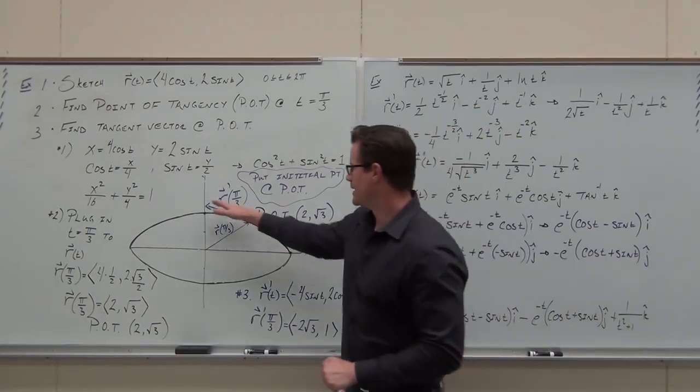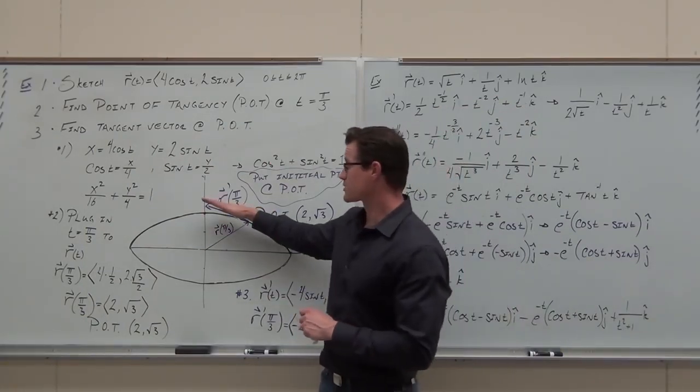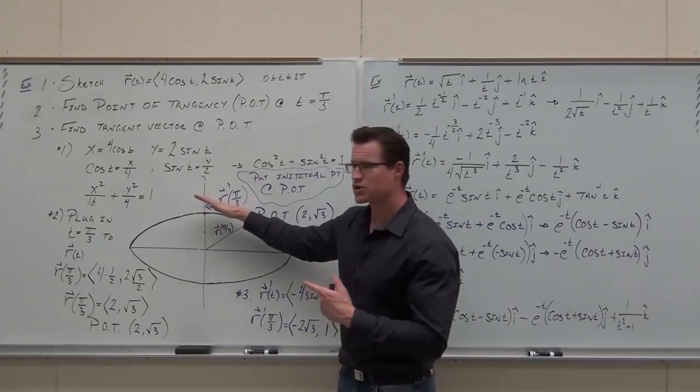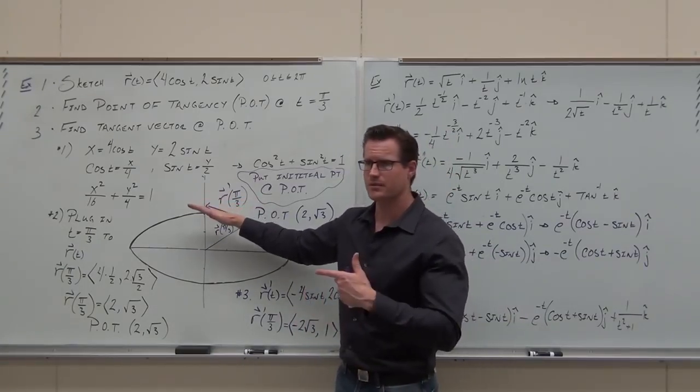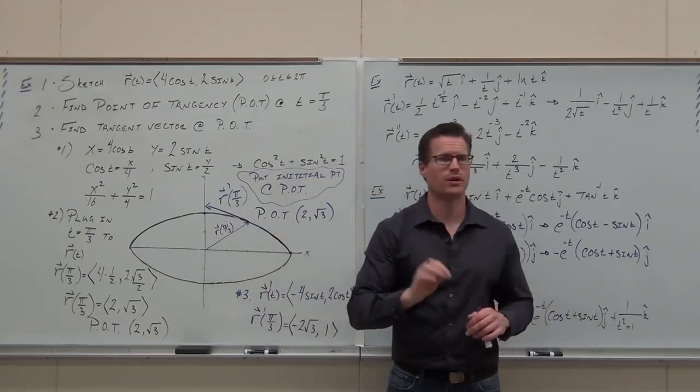And now I'm kind of cheating on the magnitude because I don't know how long it is, but I know that what we just found is the direction of the tangent line to this vector function at that particular point.